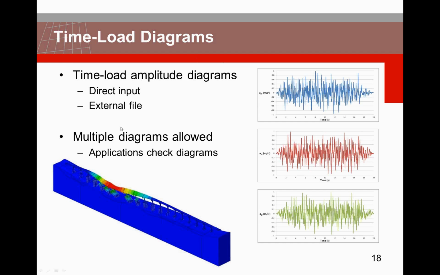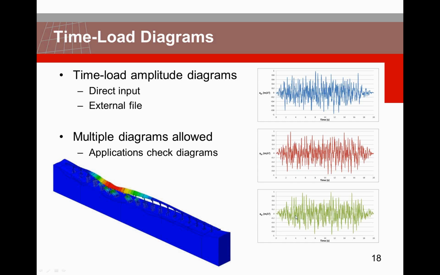There can be multiple diagrams, as already said, say for instance for an earthquake, 2 horizontal ones and a vertical one. And the application will look up, say for time 4, for X, my factor is minus 0.2. My factor for the Y load is, say, 0.1.